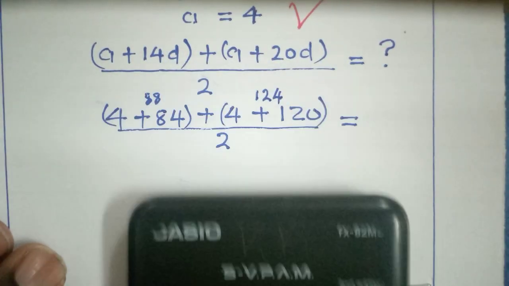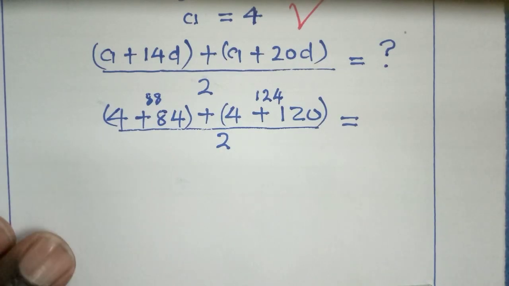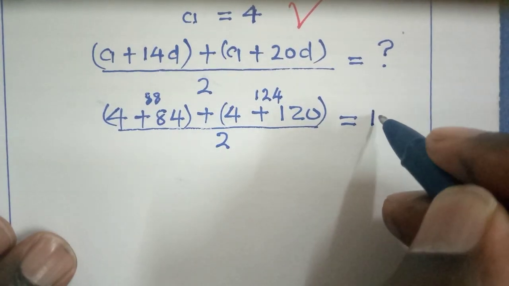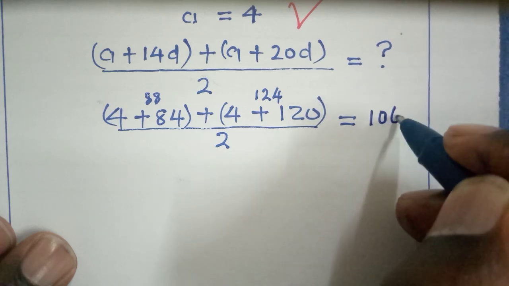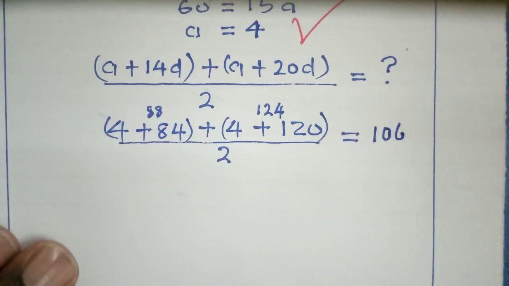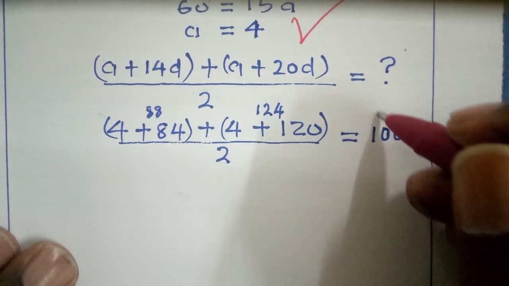We add 124 plus 88. 124 plus 88 is equal to 212. Now you divide by 2, because there are two numbers. It's supposed to be 106. So guys, this is 106. So that is the average of those two numbers.